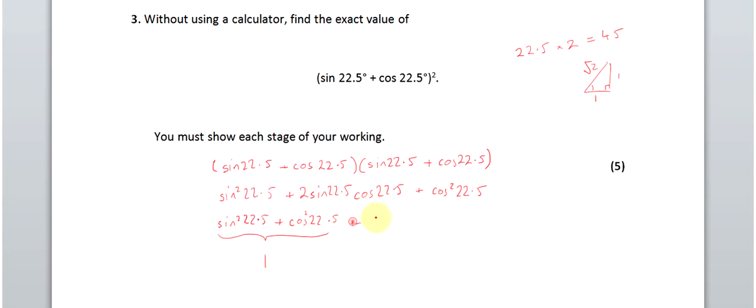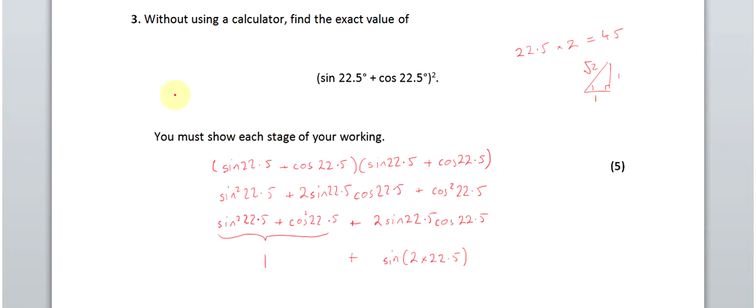And then here, sine of 22.5 cos of 22.5, that is the double angle formula. In fact, the same one we used in the last one. That is the same as sine of 2 times 22.5.